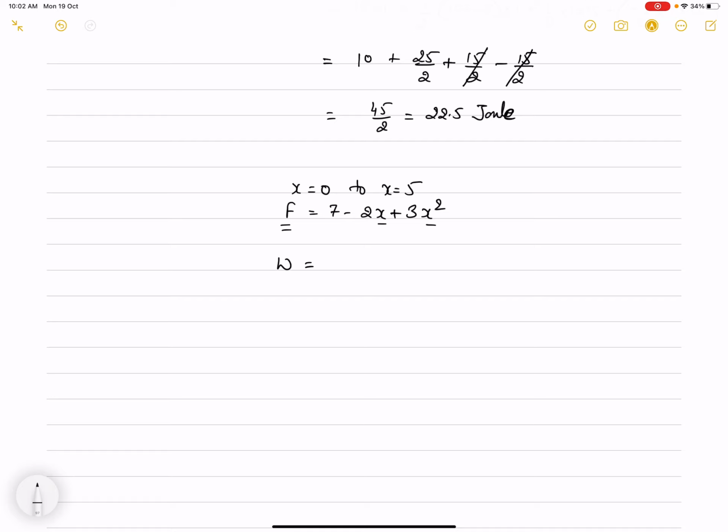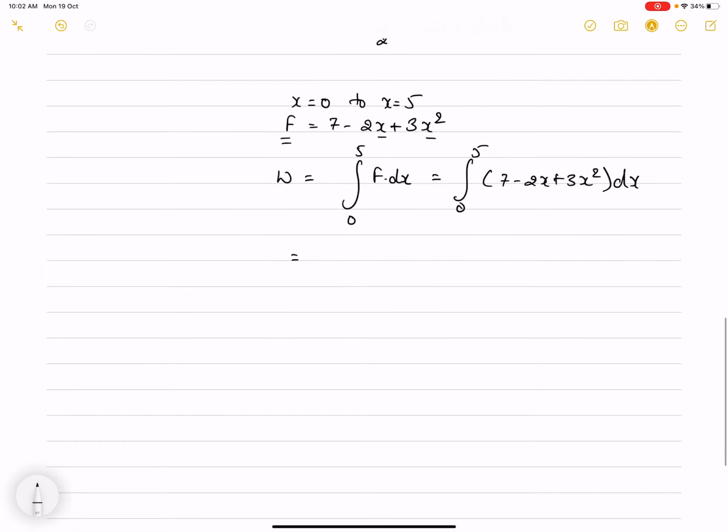So how will you calculate the work done? You'll integrate F dot dx from 0 to 5: integral from 0 to 5 of 7 minus 2x plus 3x square dx. We have already studied integration.